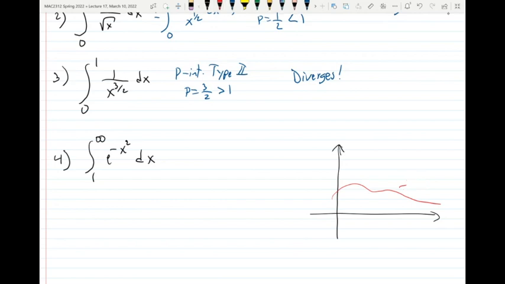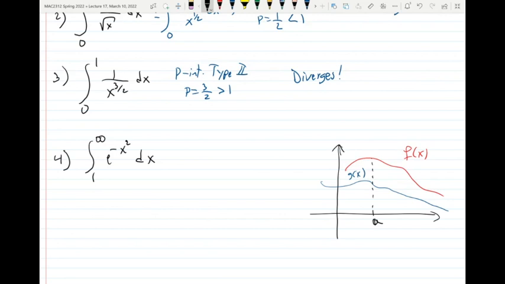And then, let me put it here. Function f. And then you have another function here. Let's call it g. I don't care what happens before 1, but let's say that from 1 to infinity, in this particular case, but let me do it in general, actually. So at some point from a to infinity, we have this condition, the fact that the function f is always on top of the function g.